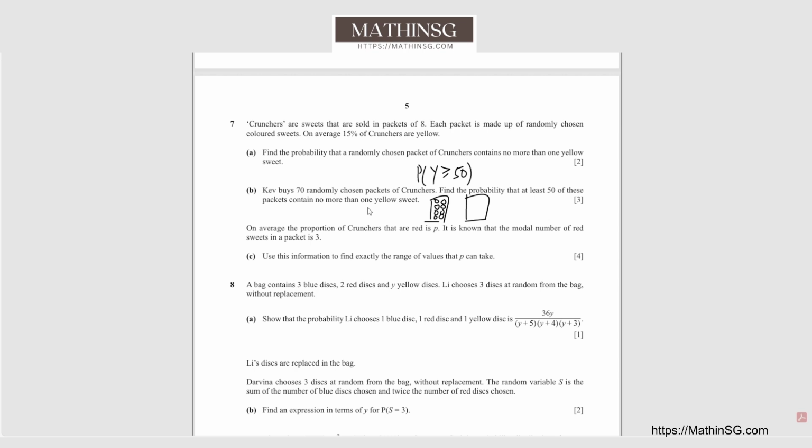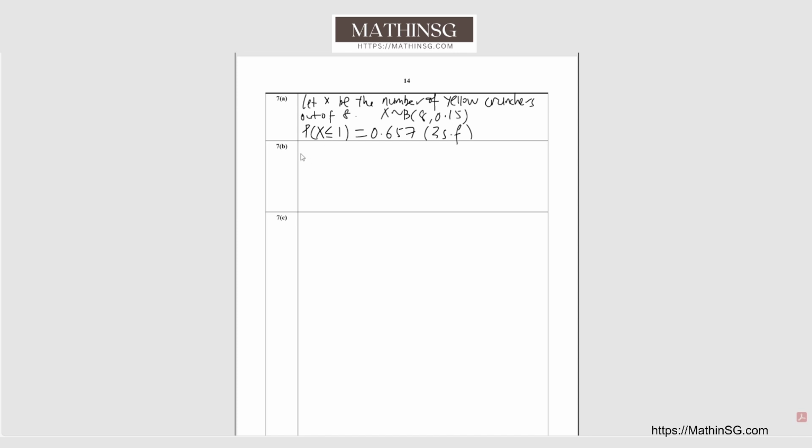Okay, so what we need to do is define a new binomial distribution. We will let Y be the number of packets of crunches out of 70 that contain no more than one yellow crunch.